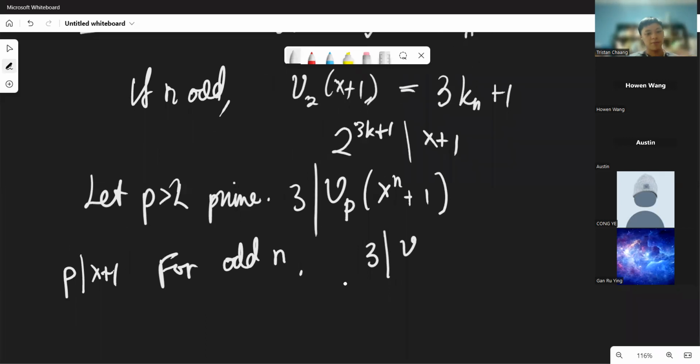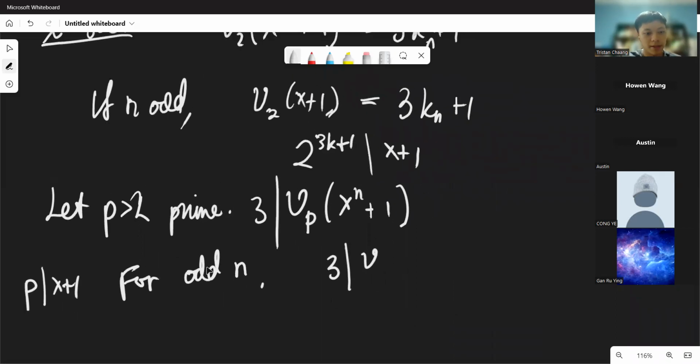So a condition for this LTE to work is that the prime must divide x plus 1. So okay, we're not sure if such a prime exists. Like for example, if x is a power of 2 minus 1, then this prime doesn't exist. But doesn't matter. Let's say it does exist. For odd n, 3 divides VP of x plus 1 plus VP of n.